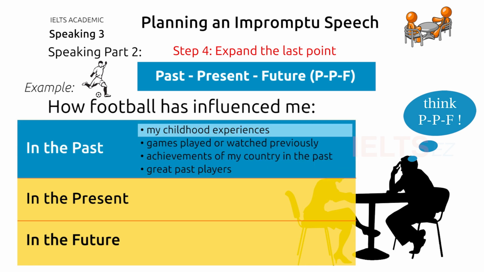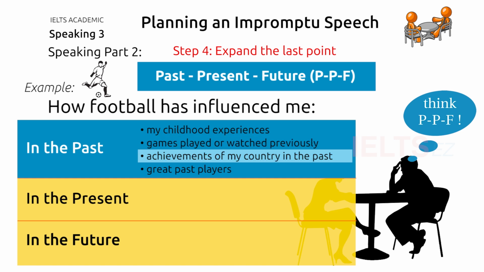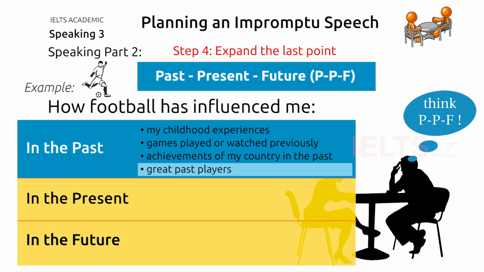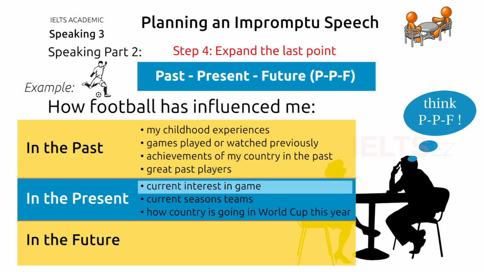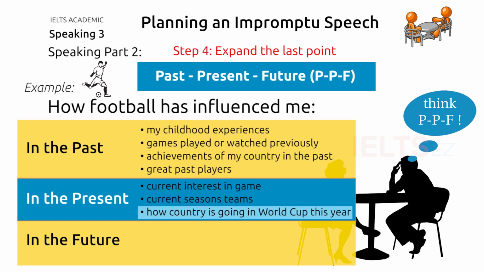For example, the past could include your childhood experiences, or what special football games you played or watched in the past, or maybe how your country achieved some championships. You could even talk about great past players of the game, and how they influenced you. In the present, you could talk about your current interest in the game, how your team is going this season, or maybe the status of your country in the current World Cup, and how you're influenced by these things today.